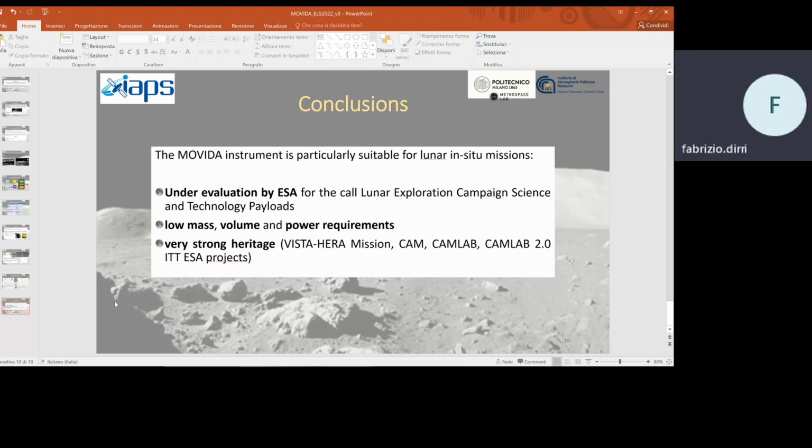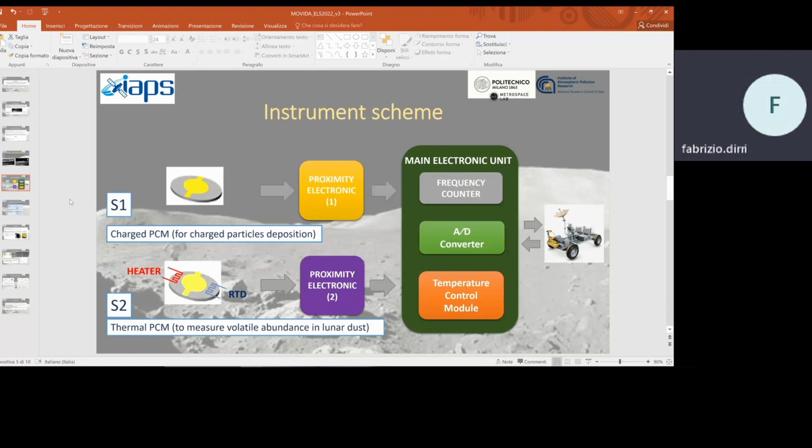These sensor heads can be proposed as only one, but it's also possible to divide them and choose the one that is best for the scenario. If you want to, for example, characterize volatiles, the second one is better. The first one is for the electrical property of dust. So it's very flexible.